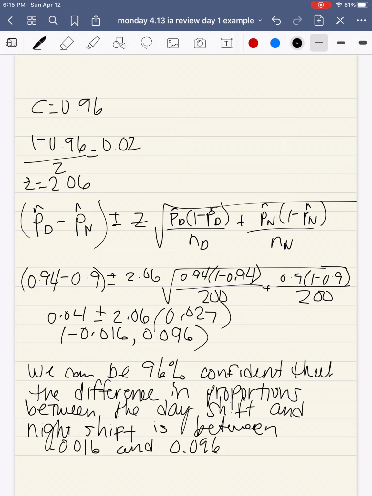Okay, so this confidence interval here is telling us that we should expect for all of the specifications differences to be between these two values.